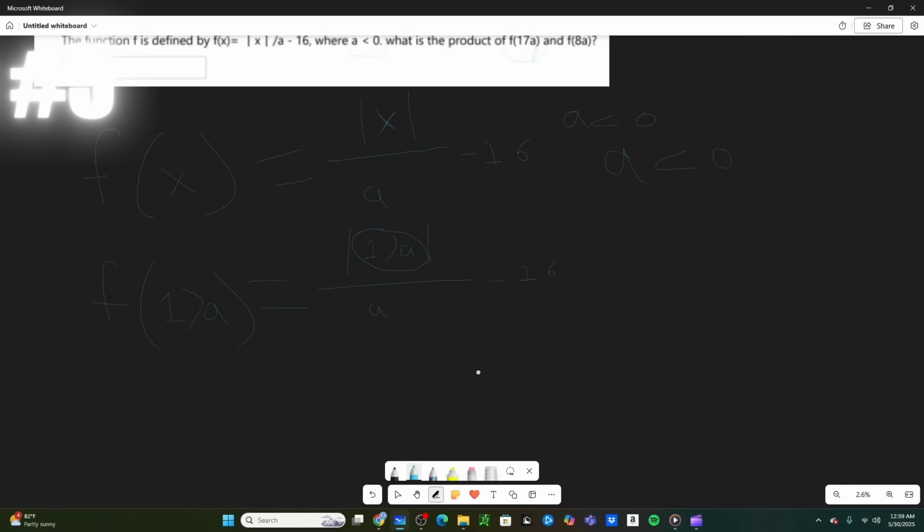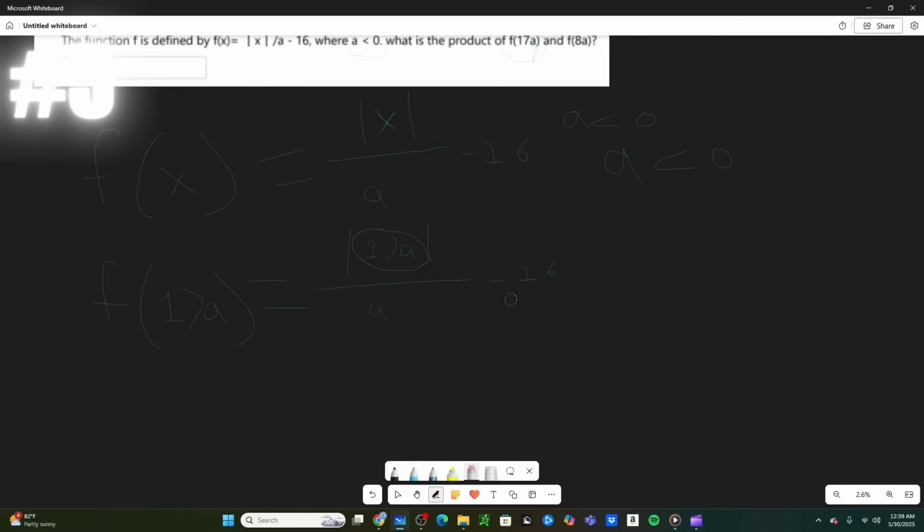And what happens to negative values inside of an absolute value function? Well, let's say that a was negative 2. Then inside we would have negative 34. What's the absolute value of that? It's 34, which means if something negative is inside of an absolute value function, we multiply it by negative 1, right?